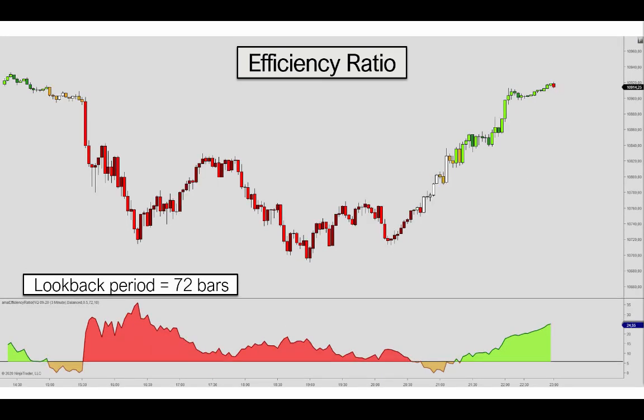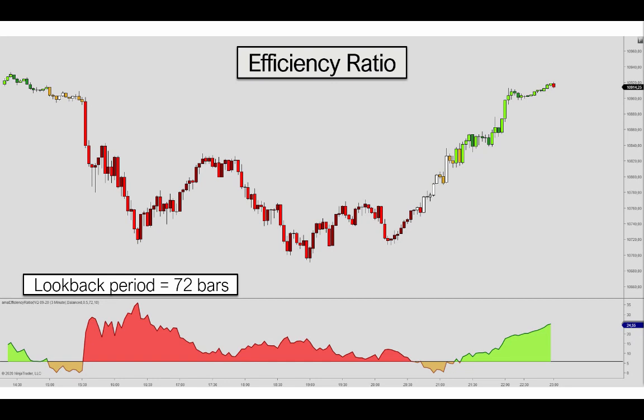But if you use a longer look back period, here we have the same chart on a 72 bar look back. Therefore, it's more difficult to approach values of 100. Here we have a value of 24, simply because it's very difficult to have 72 consecutive up closes.